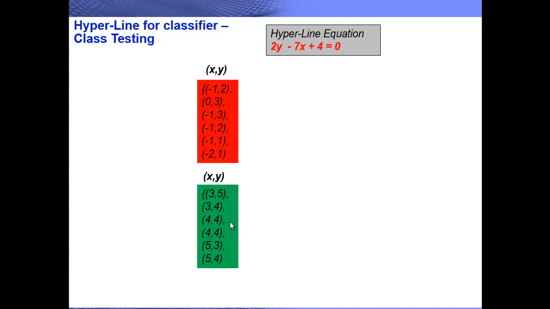Right now we are not taking any points other than the given points. By observing these data points, we decided the hyperplane and got this equation. So take (-1, 2), put it here and solve the value of the equation: -1 is x and 2 is y.